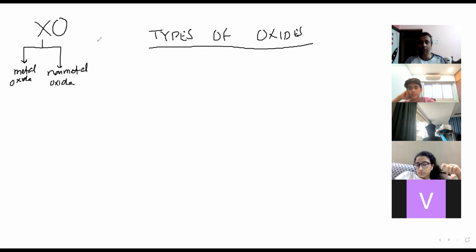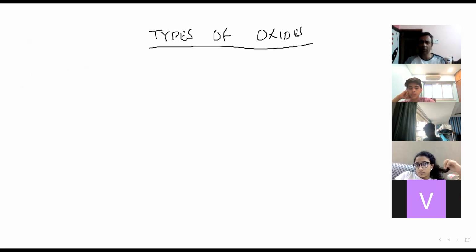So first of all, any element's oxide can be either a metal oxide or a non-metal oxide. That's a broad classification. Now listen to this next part very carefully.